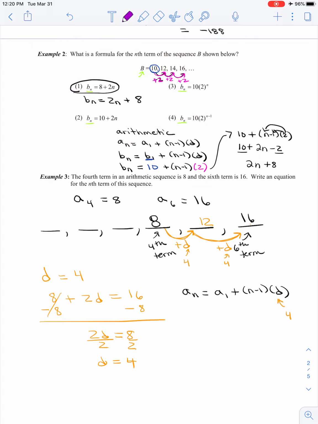I'm going to say, okay, well, if going forward I was adding 4 to get from 8 to 12 and 12 to 16, I want to go backwards now. So I'm going to subtract 4. So 8 minus 4 would give me a 4. Then 4 minus 4 would give me a 0. And 0 minus 4 would give me a negative 4. So my first term should be negative 4.